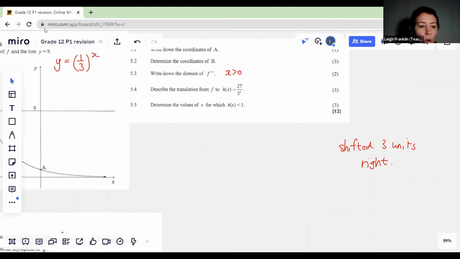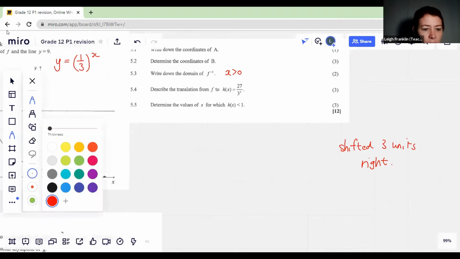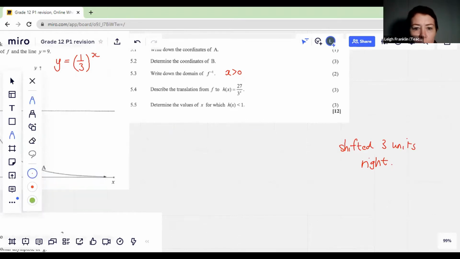What we're doing when we work with h of x is this. h of x is 27 over 3 to the x. Straight away, you know that 27 can be written as 3 to the power of 3. So 3 to the power of 3 over 3 to the power of x.